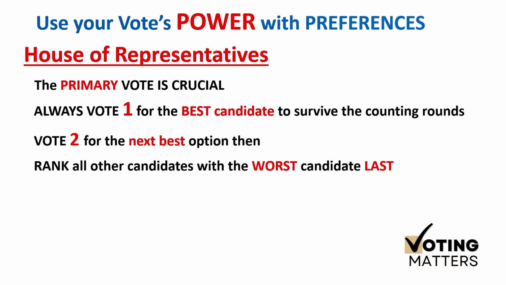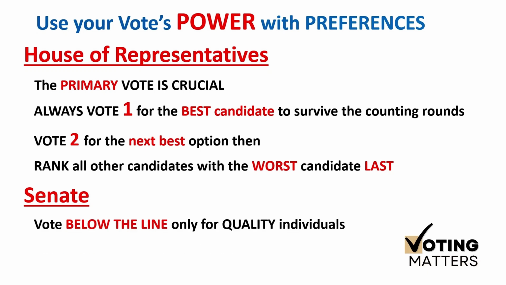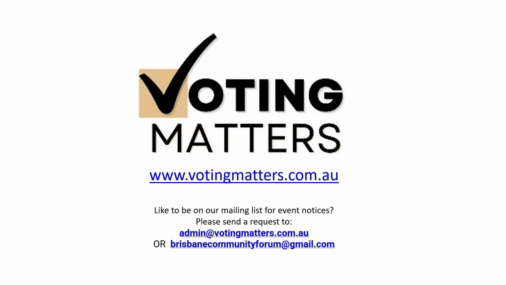That's what you do in the House of Representatives. Pay attention to the primary vote and particularly the last vote. In the Senate, vote below the line only for quality individuals. Give 0 votes to bad candidates. And why would you do this? You do this because voting matters.